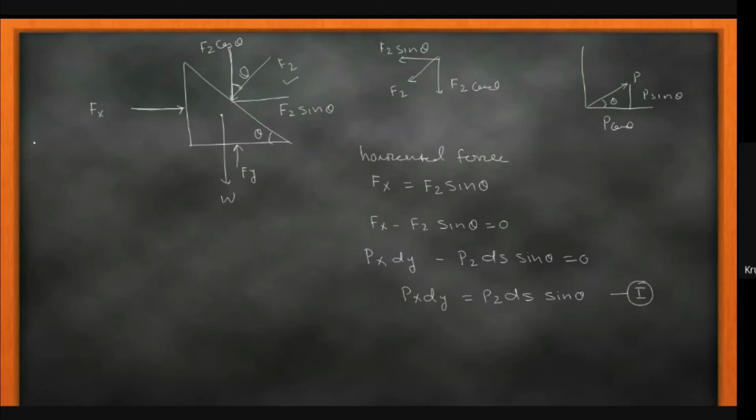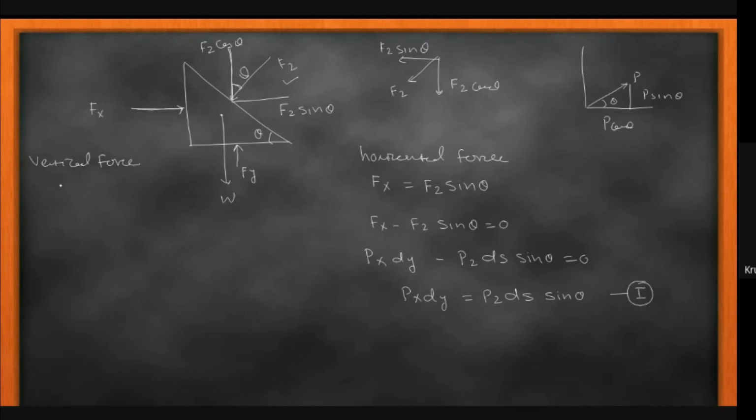Now we are resolving the forces in the vertical direction. Some of the forces are acting in the downward direction and some in the upward direction. The downward forces are W, as well as the component of Fz, that is Fz cos theta, and in the upward direction there is Fy.